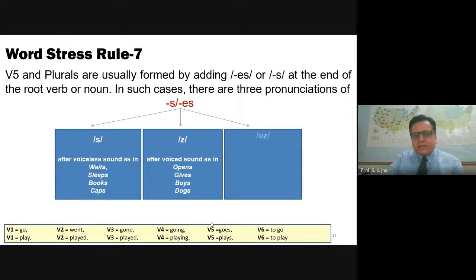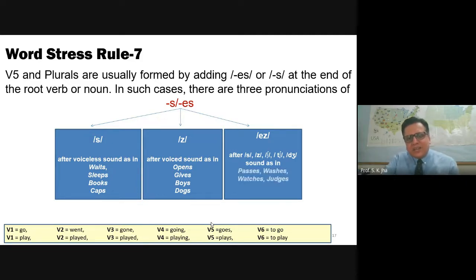And the third pronunciation of S or ES is ɪz. But when? The condition is if S or ES comes after S, Z, Sh, Ch, J sounds, as in passes.